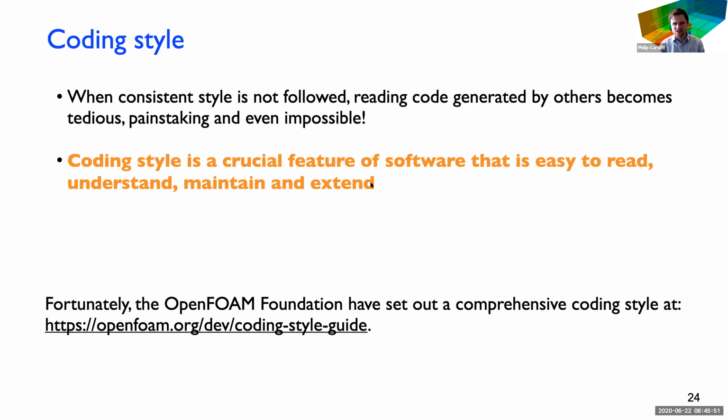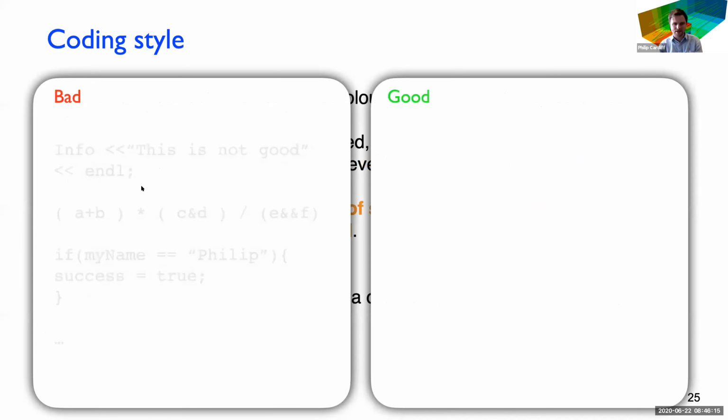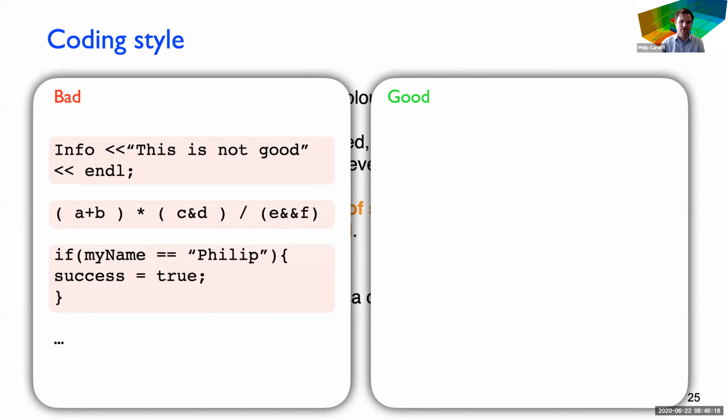If you tell them about style, they'll say they'll go back and change it once the solver's working, but generally, once the solver's working, people don't go back and change anything. It is important, though, because if you stick to a consistent style, then reading code becomes much faster and easier, because you know what to expect, where the brackets should be lined up and things like that. And going back to this mantra of easy to maintain and extend, it's important.